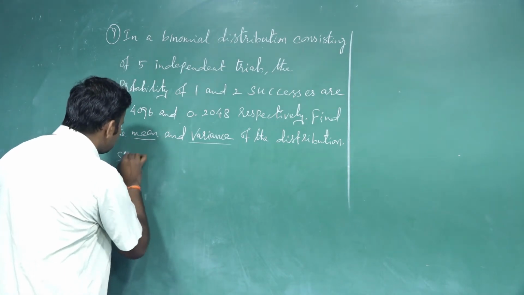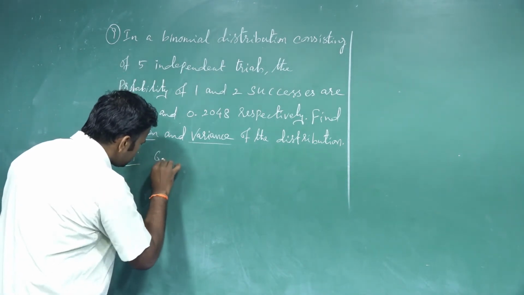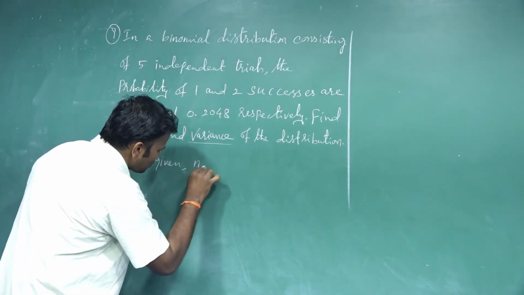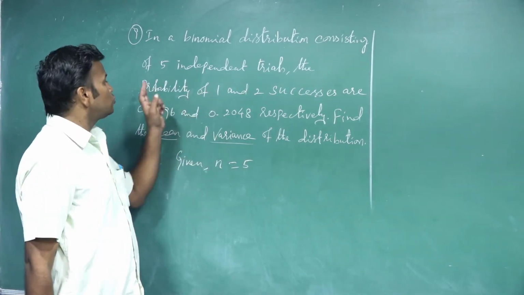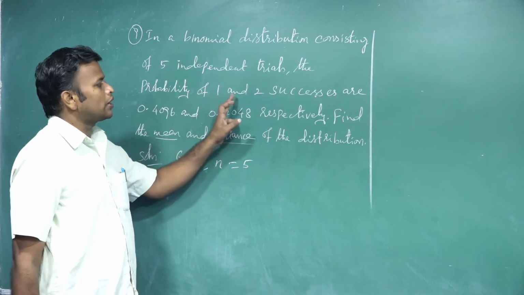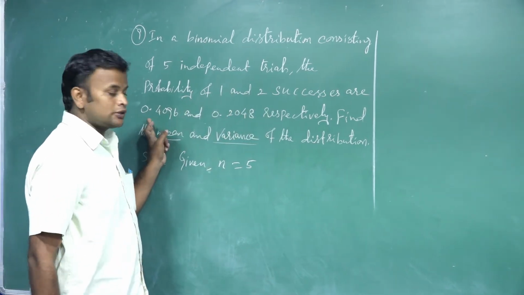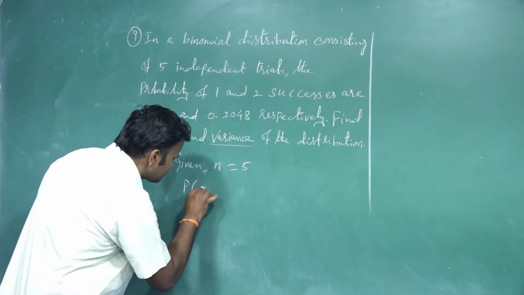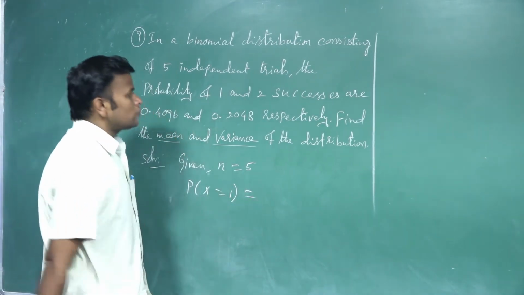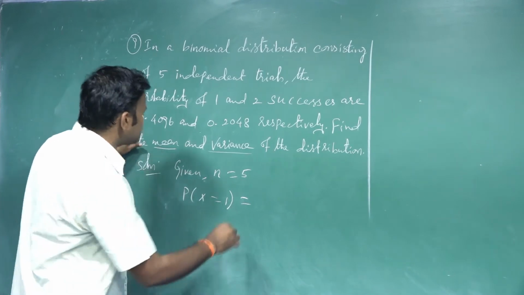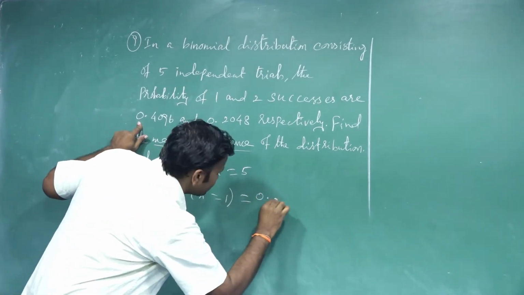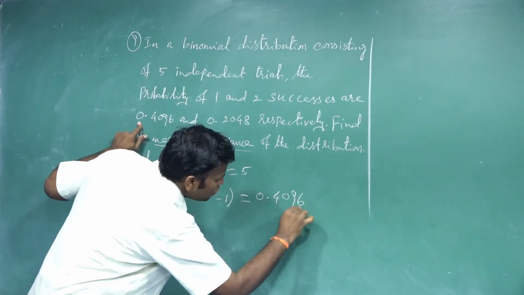So first we write the given data. Given the value of N is 5. And 2 more probability values are given. P of 1 and 2 successes. That means P of x is equal to 1, whose probability value is 0.4096.